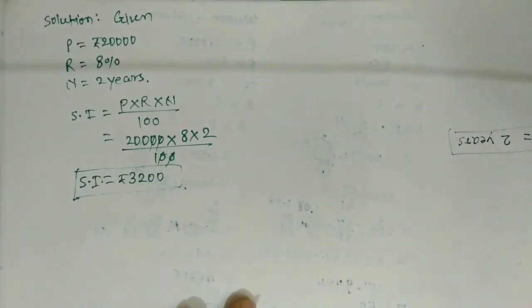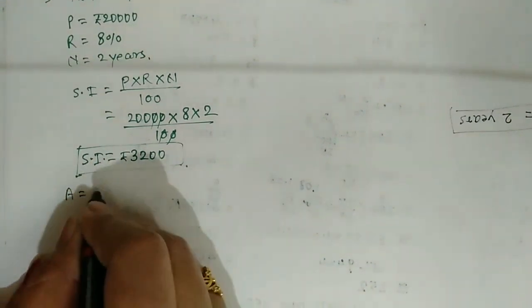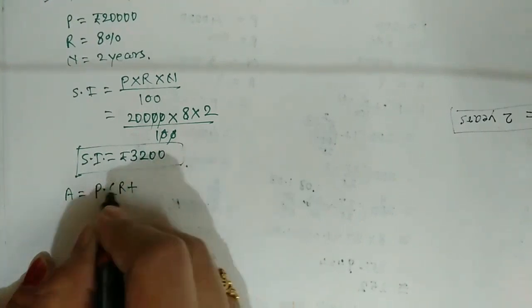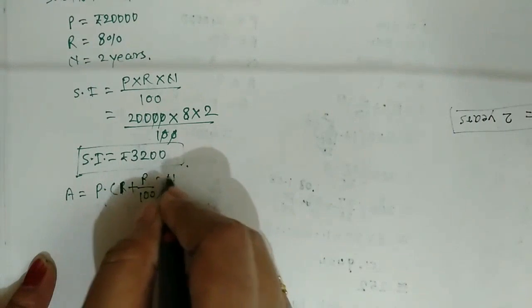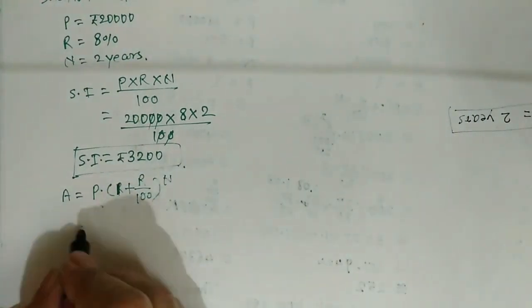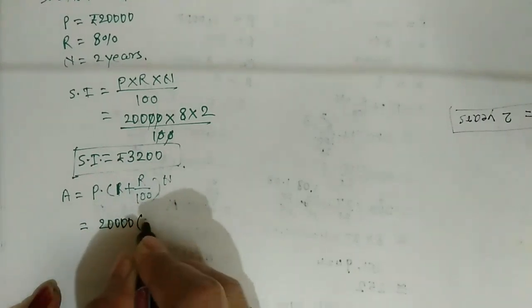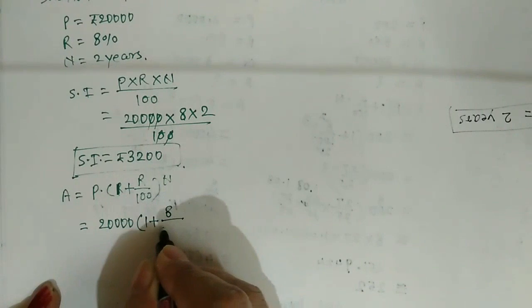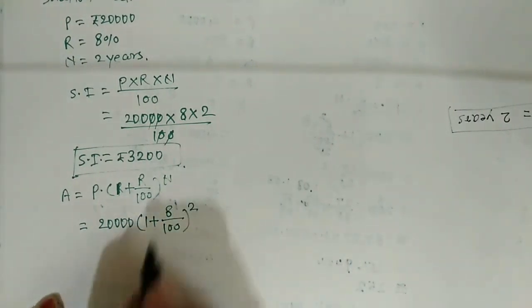Now for calculating the compound interest, firstly we find out the amount. So A is equal to P into (1 plus R upon 100) raised to n. So 20,000 into (1 plus 8 upon 100) raised to 2.